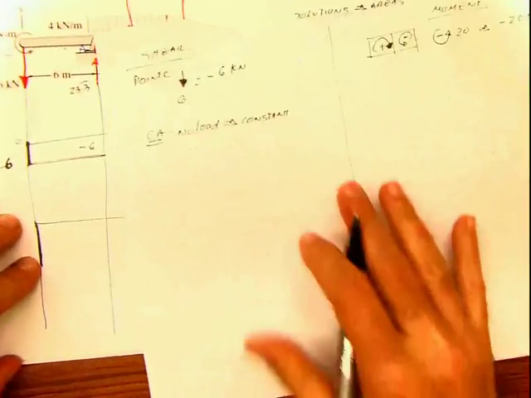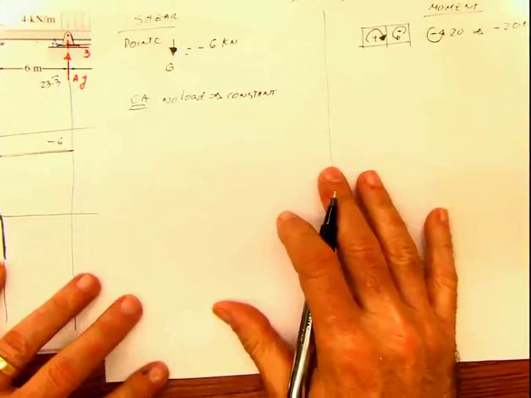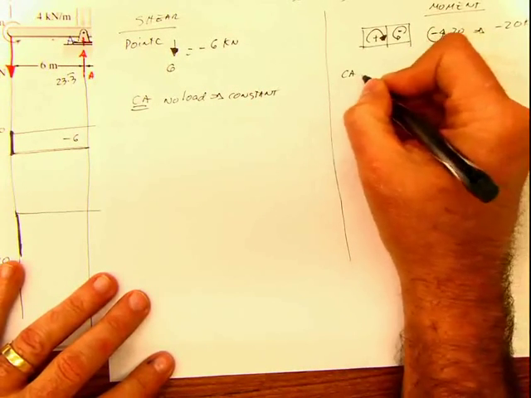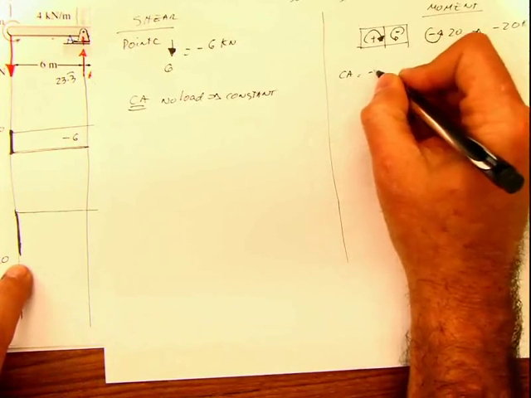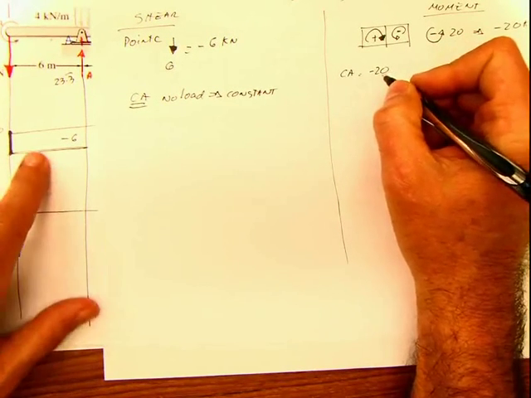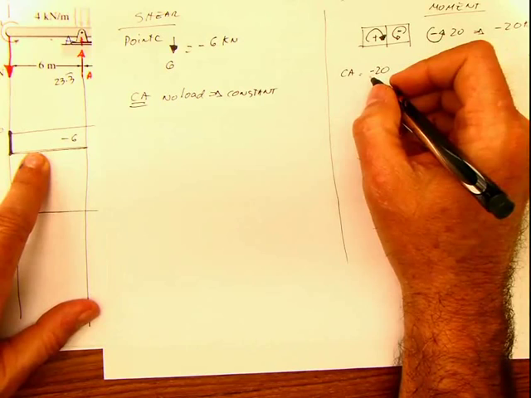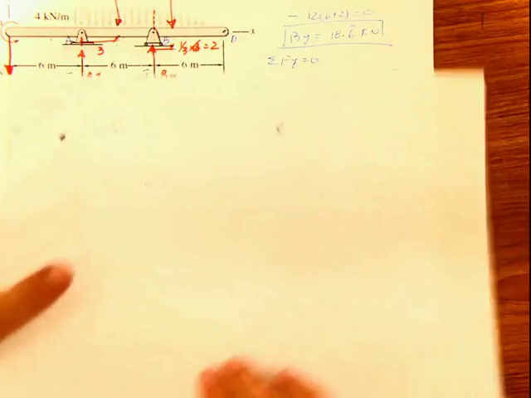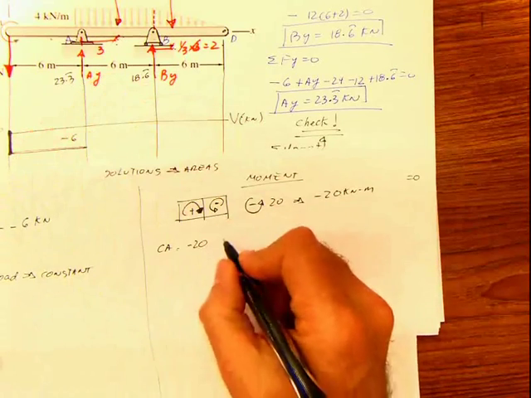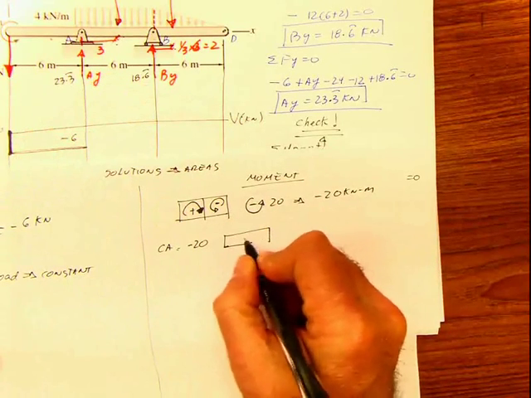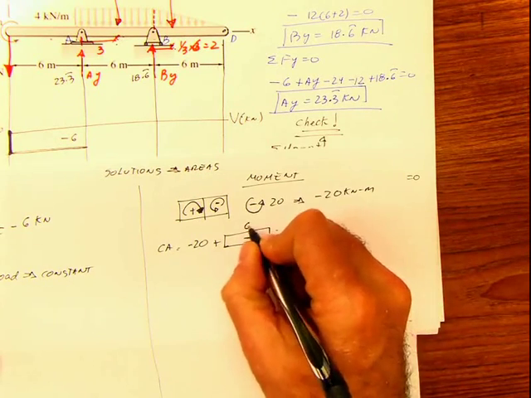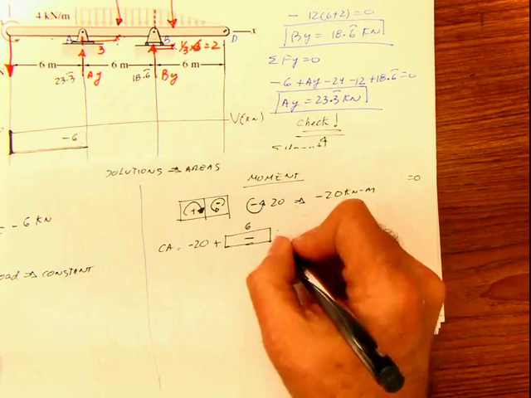That's what I mean. The moment, because I'm using areas, then I have this negative 20 here, and I have to add this area that I have in this other part. Well, that area is a rectangular area, negative, and this is 6, and this is 6.